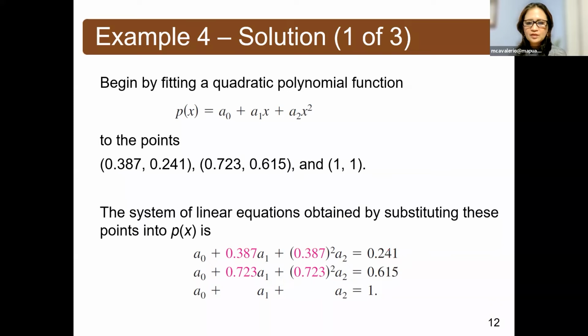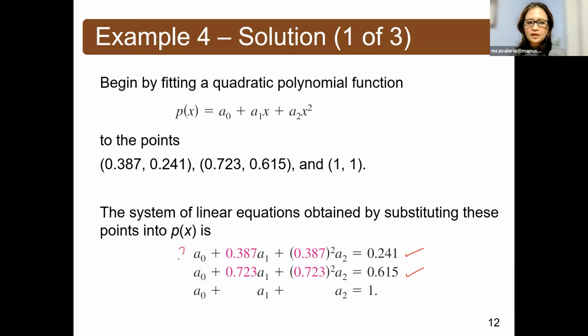This is equivalent to 0.241. With 0.723 and 0.615, we have the equation a sub 0 plus 0.723 a sub 1 plus 0.723 squared times a sub 2 equals 0.615. Finally, with the last point being 1 and 1, we simply have a sub 0 plus a sub 1 plus a sub 2 equals 1.